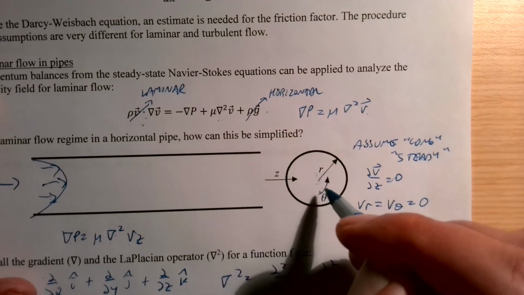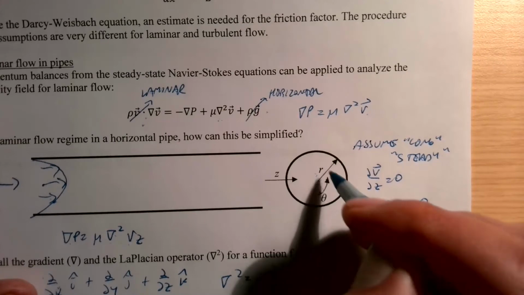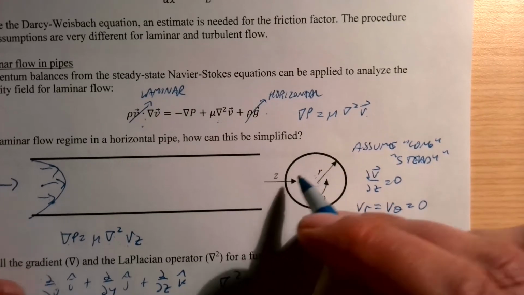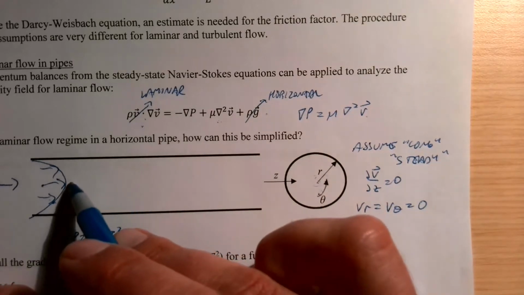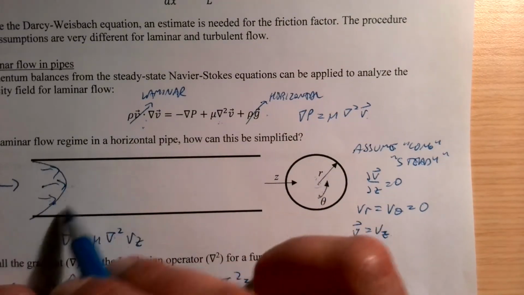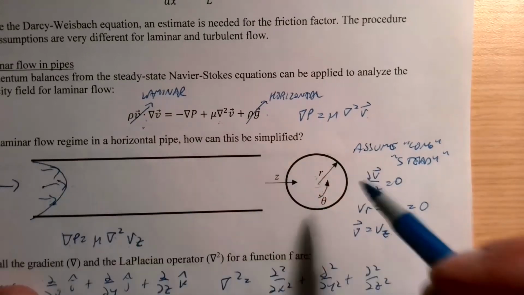We don't have any reason to think that the velocity is going to change at different angles as I move around the pipe. It's going to be symmetric. We expect it to get bigger in the middle and then go to 0 at the sides because of that no slip boundary condition.